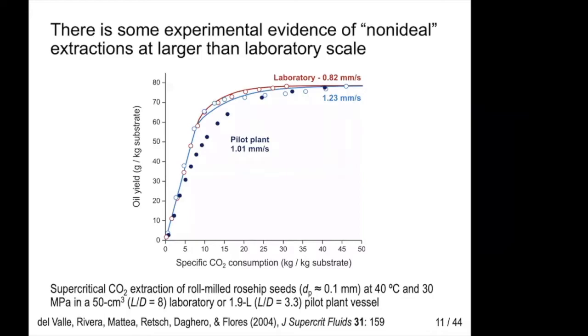However, the cumulative extraction curve obtained in a pilot plant under the same conditions and an intermediate superficial CO2 velocity is slower. This suggests that some of the simplifying assumptions listed before did not apply in these experiments.